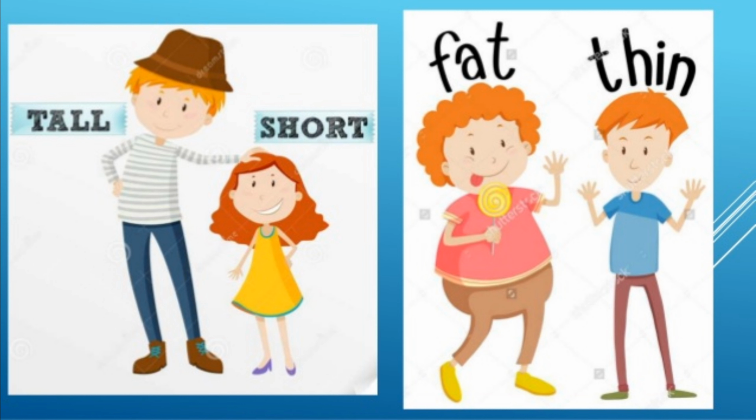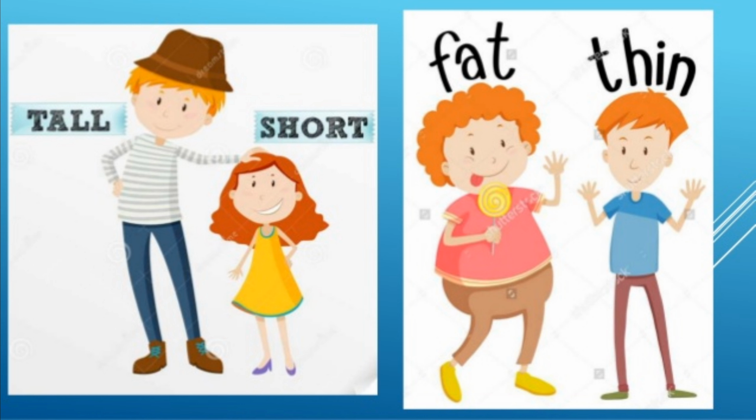So to make a comparative between two things, we have to add er to the adjective plus than. Like short, shorter than. Tall, taller than. And soft, softer than.